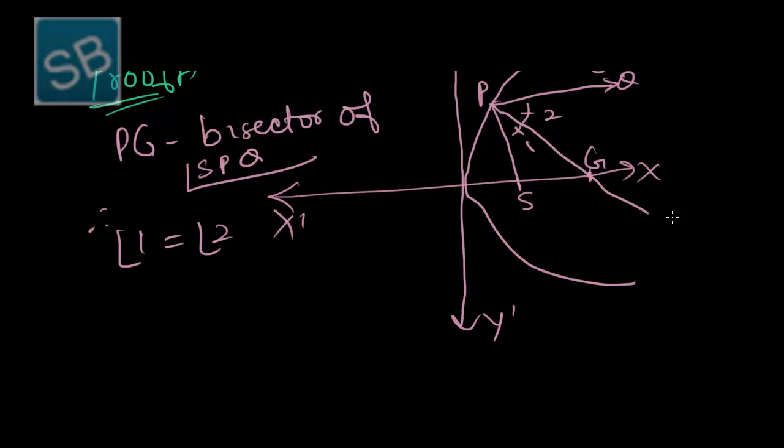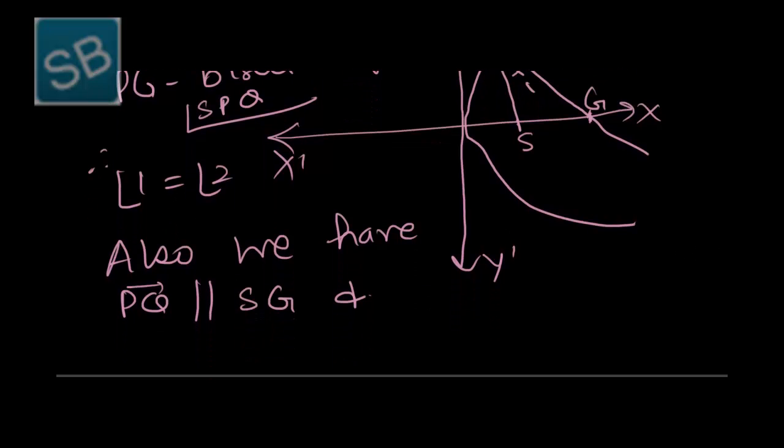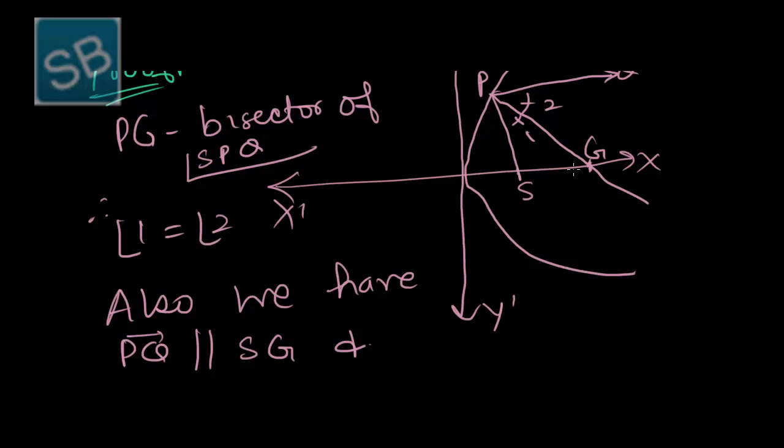And also we have PQ parallel to SG, and PG is a transversal line. Then we can say, as in the figure, this is the alternate interior angle.